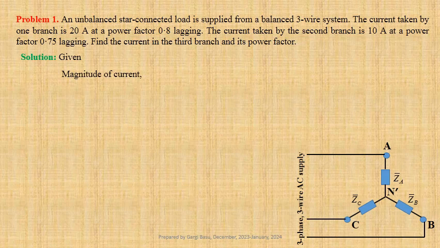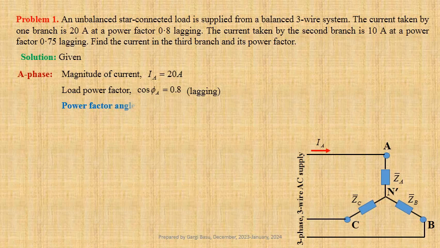Magnitude of current flowing through the A phase IA equals 20 ampere and load power factor cos phi A equals 0.8 lagging. Let us now calculate the power factor angle. Phi A equals cos inverse 0.8, that is equal to 36.8699 degree.